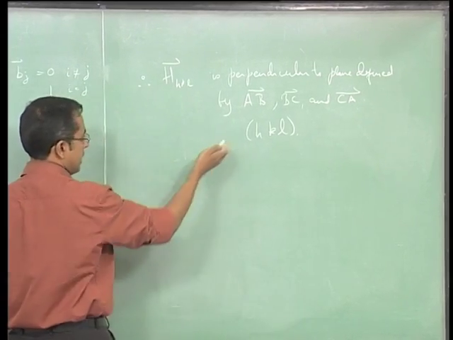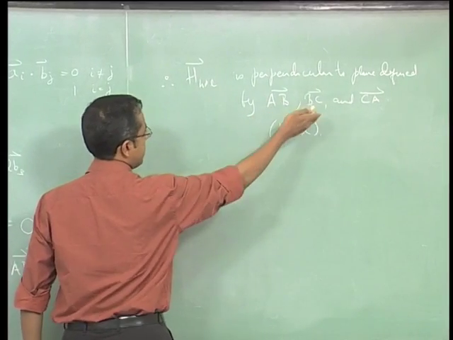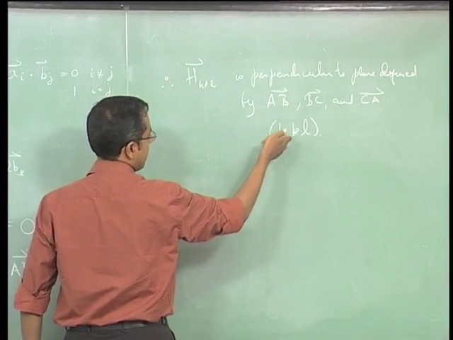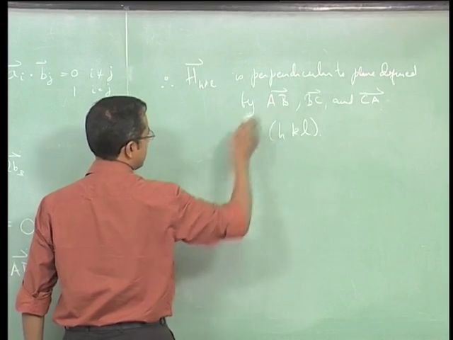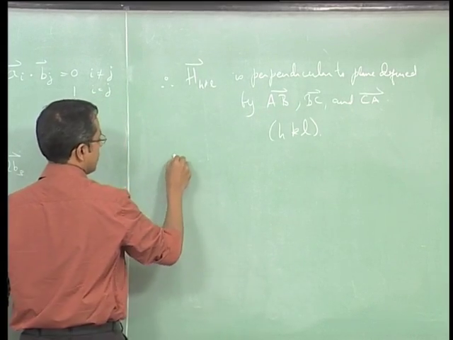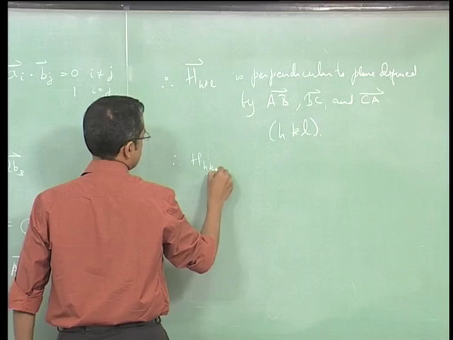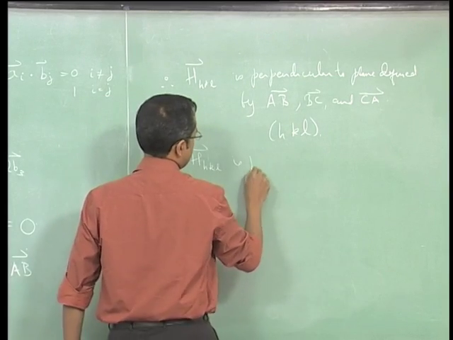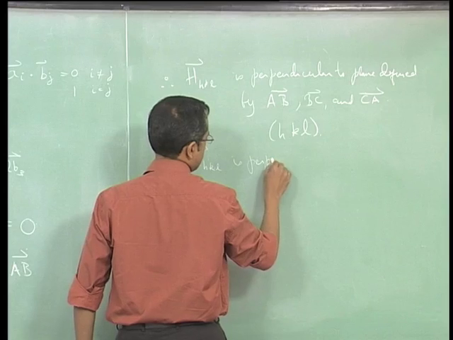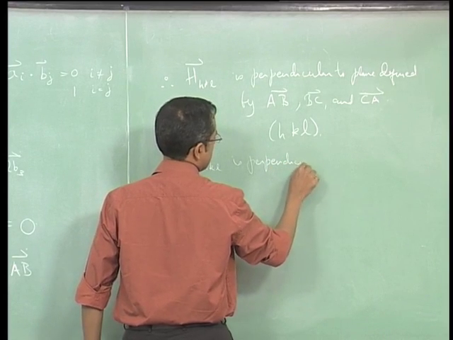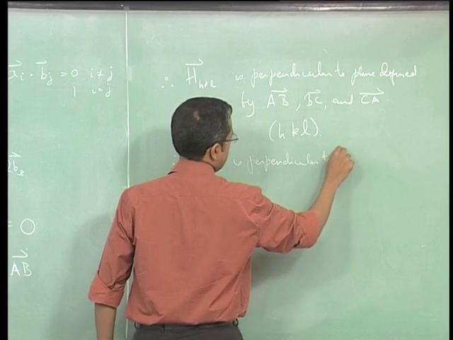So that is how those vectors are even defined. AB, BC and CA were defined based on the intercepts at 1 by H, 1 by K and 1 by L in those respective axes. So therefore HHKL is perpendicular to HKL.